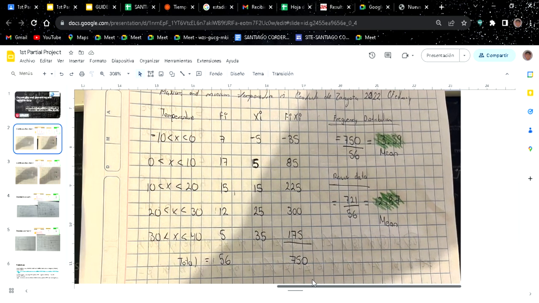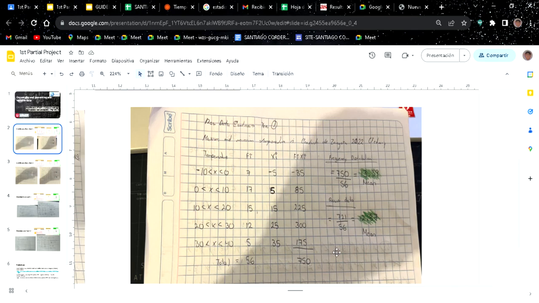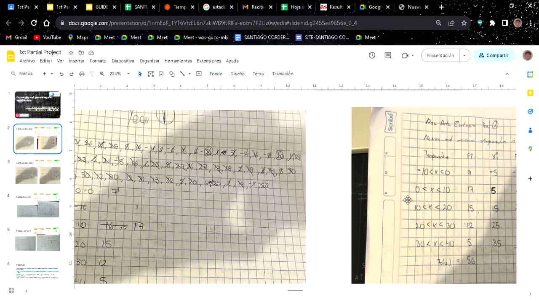And that is what we have to calculate: the mean with frequency distribution, and the mean with raw data. That was the first case.